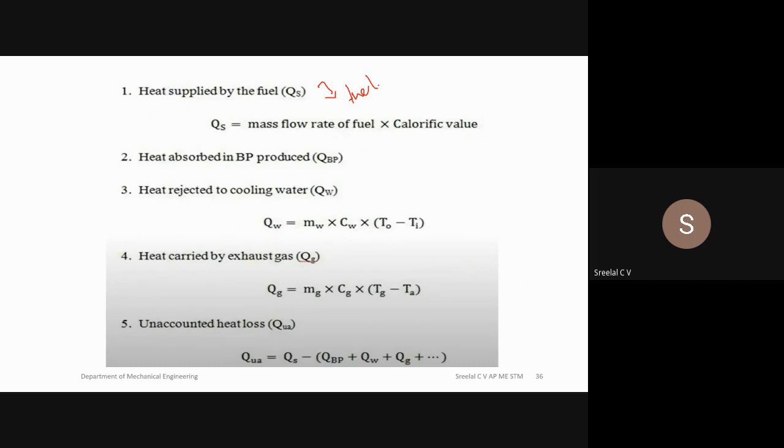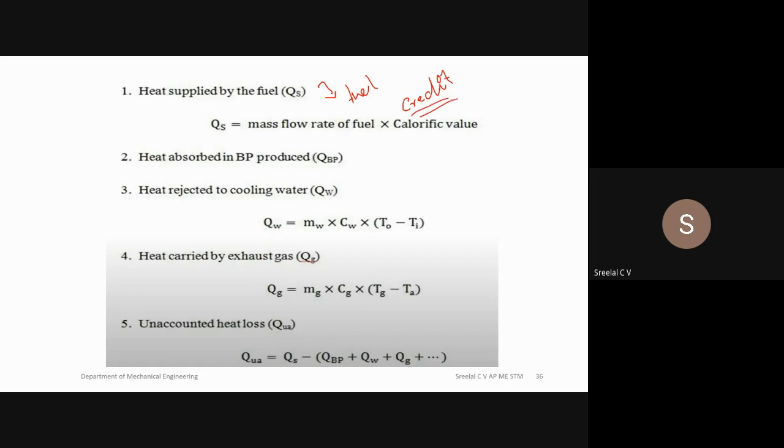The heat supplied by the fuel is given by the formula: mass flow rate of the fuel into calorific value. We already know that. This is our credit; this much amount of energy is produced.